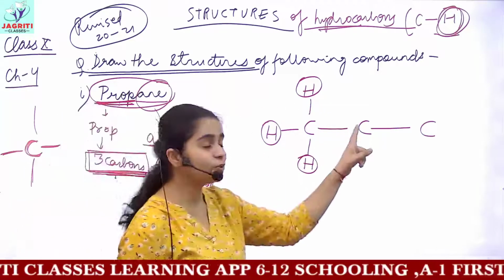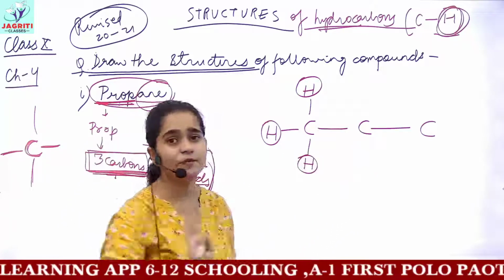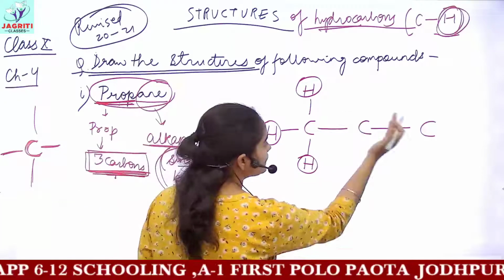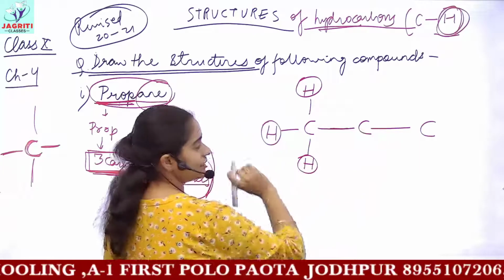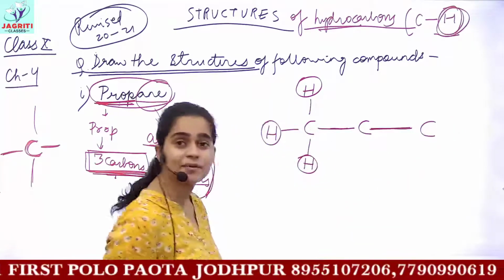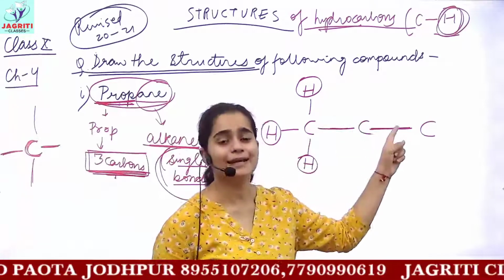Now coming on to our second carbon, that is the next carbon. This next carbon will also have 4 hands or 4 valencies. 2 of its hands are already used up. The first hand combines with the previous carbon. The next bond or hand is used with the next carbon. Out of these 4, 2 are already bonded up or linked up.